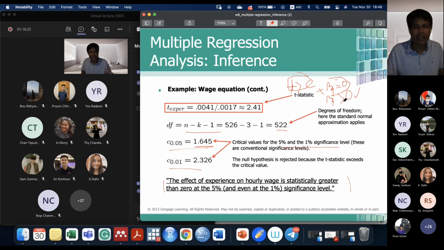You only say that when the t is lower than c, we fail to reject the null hypothesis. So we believe that experience has no effect on weight at all. Do we answer your question, everyone?